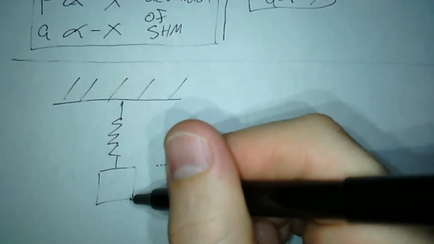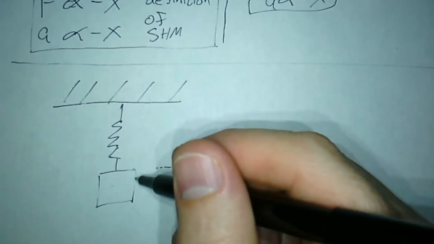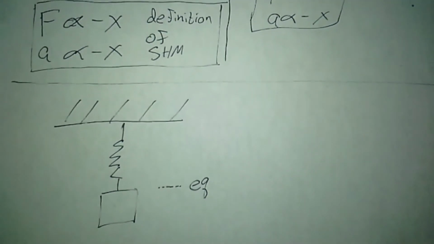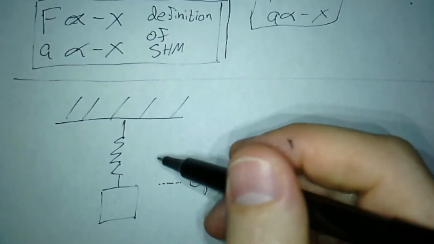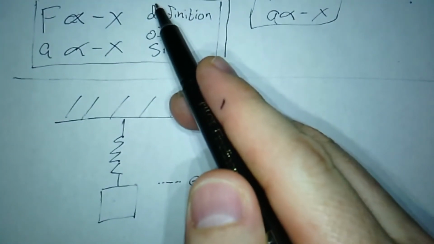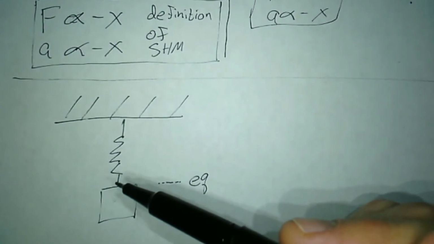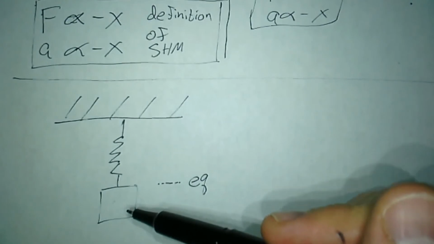So if I just pull this guy down and stretch it downward, it's going to go up. If I push it upwards, it's going to go down, right? So we're still going to get the same result, it's going to be the exact same thing as up above, but the only difference is that your equilibrium position is different than before.